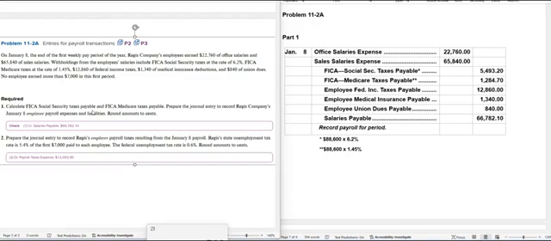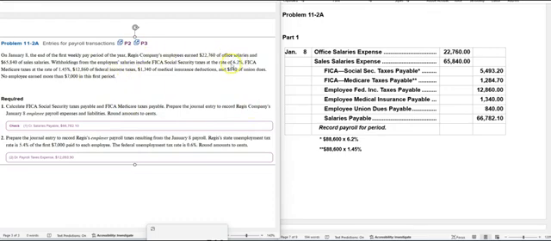In other words, all of the pay of all employees is going to be subject to Social Security. So the first thing we're going to do is calculate the Social Security taxes payable and Medicare taxes payable, and then prepare the journal entry.